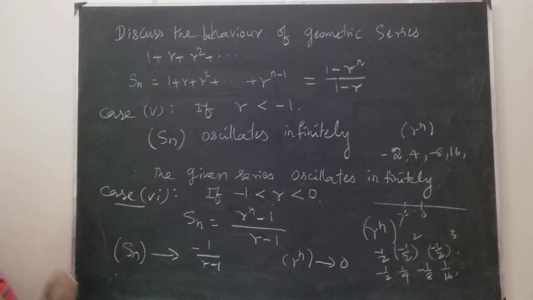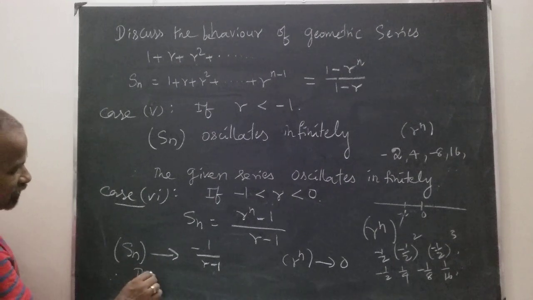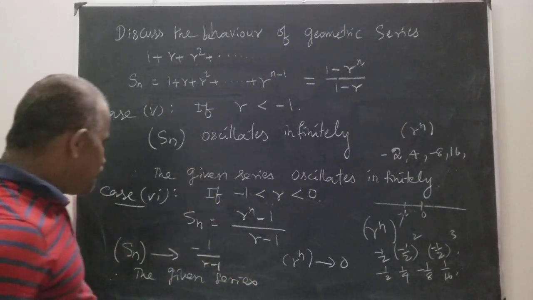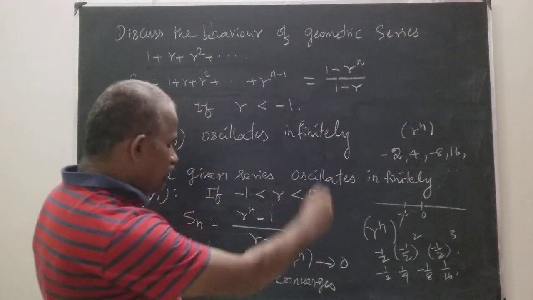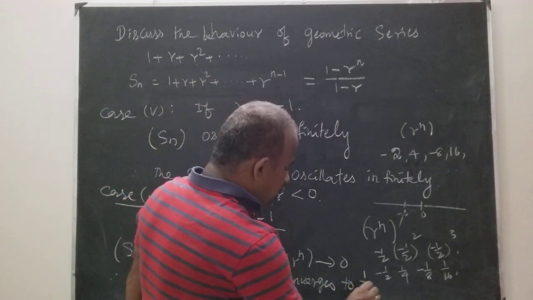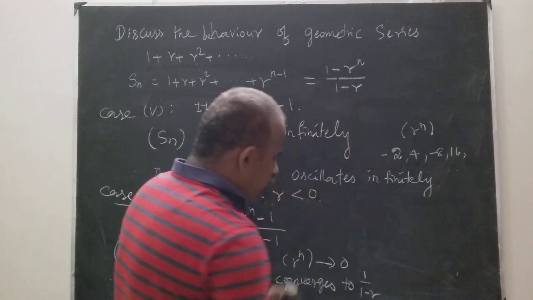So therefore the given series converges to 1 by 1 minus r.